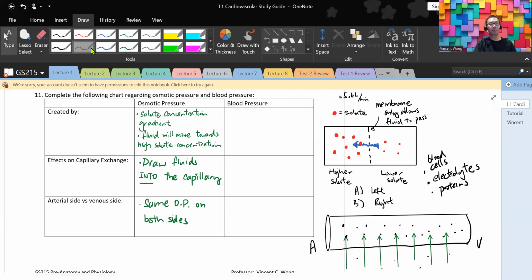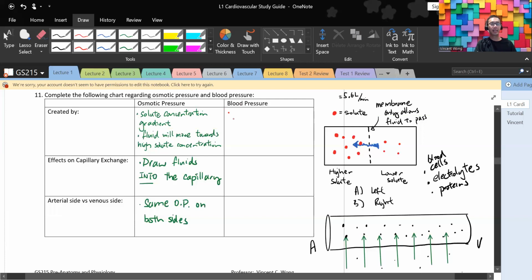Blood pressure. Okay, so blood pressure is created basically by ventricular contraction.